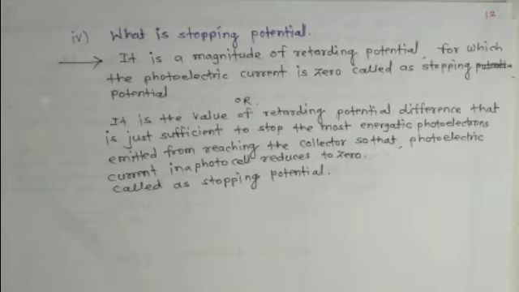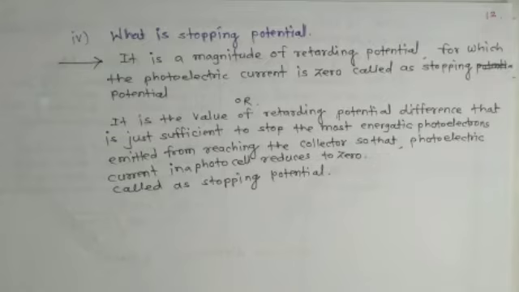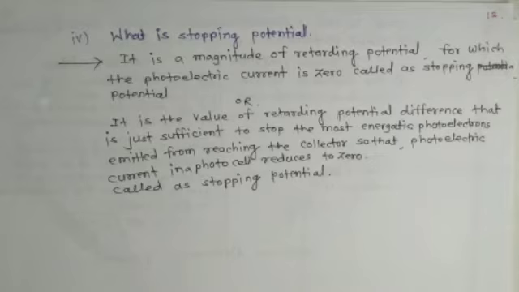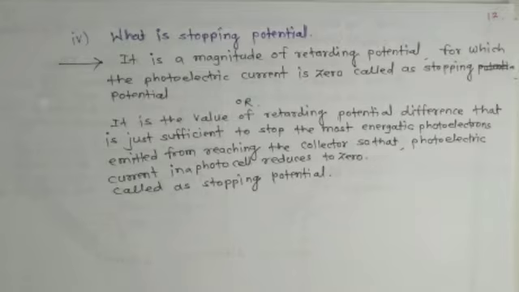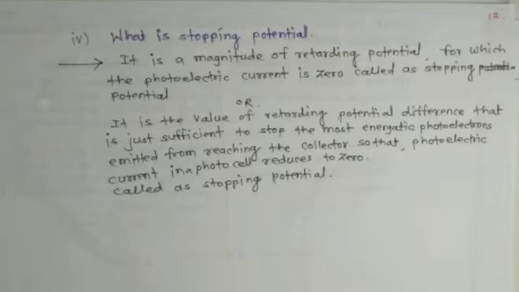Or it is the value of retarding potential difference that is just sufficient to stop the most energetic photoelectron emitted from reaching the collector, so that the photoelectric current in a photocell reduces to zero, called stopping potential.